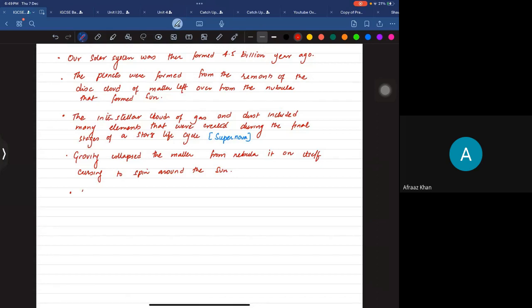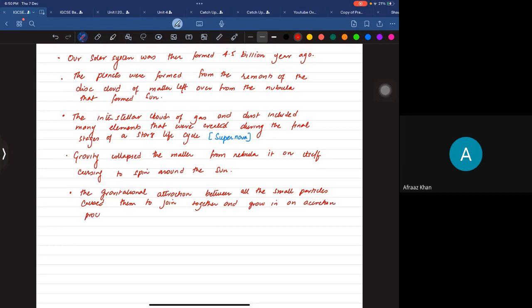Now, remember the gravitational attraction between all the small particles causes them to join together and grow in an accretion process.